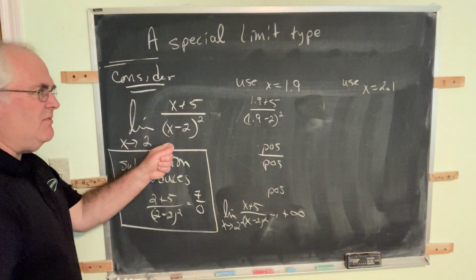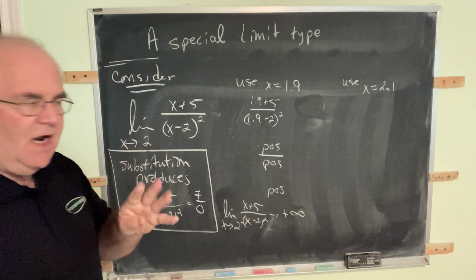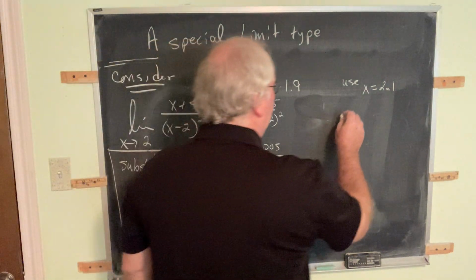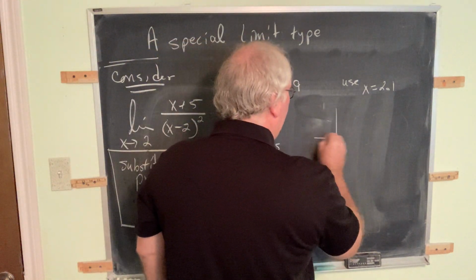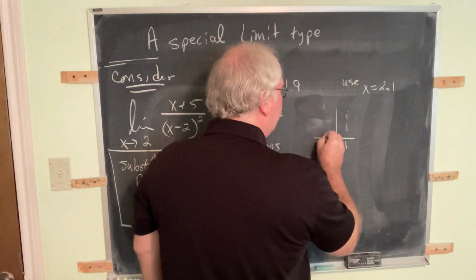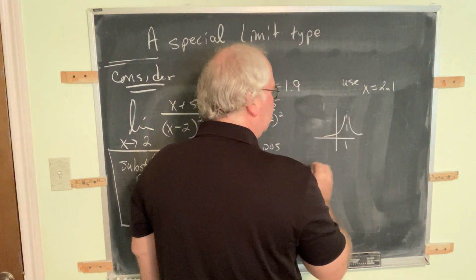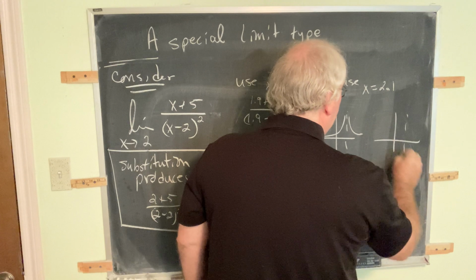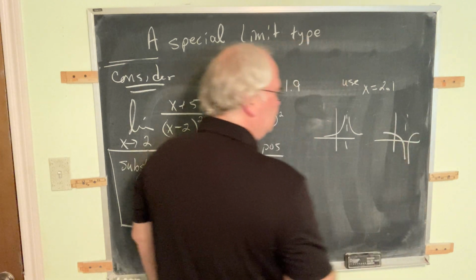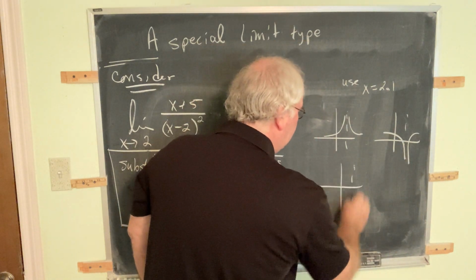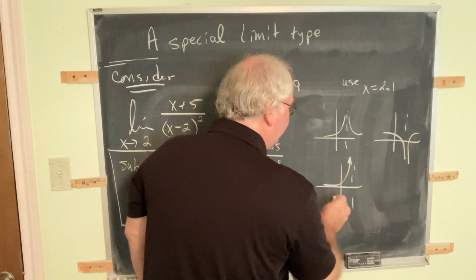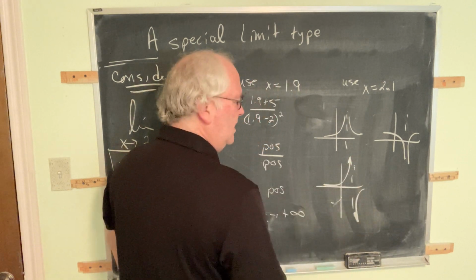Remember what we've talked about before, there are 4 scenarios in play. I'm going to steal some space here. One possibility is that we have the volcano function. Another possibility is we have the down the drain function. Another possibility is it goes positive infinity here, negative infinity here.